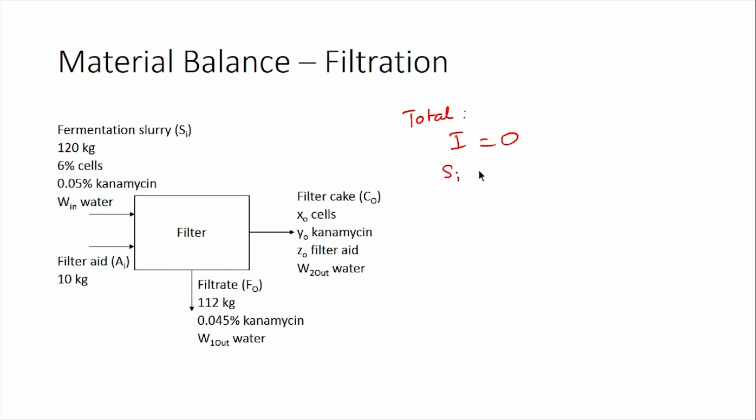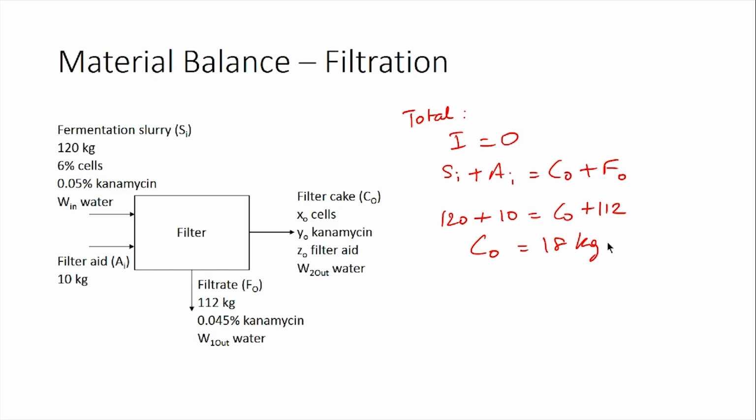So this would mean Si plus Ai equals C0 plus F0, where Si is the slurry and Ai is the filter aid entering, C0 is the filter cake leaving the system, and F0 is the filtrate leaving the system. We already know the values of Si, Ai and F0. So that is 120 plus 10 is equal to C0 plus 112. So this means C0, which is the filter cake, is 18 kilograms. So the mass of the filter cake which would be leaving the system would be 18 kilograms.